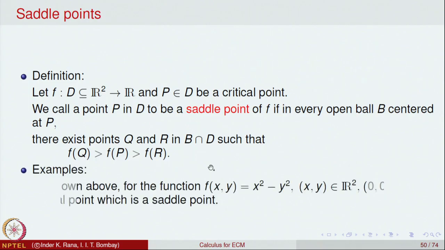For example, let us look at the function f(x,y) equal to x square minus y square, where x and y belong to R2. For this, the partial derivatives turn out to be 2x and minus 2y, and when we put them equal to 0, we get that (0,0) is a critical point. Our claim is that this is a saddle point.